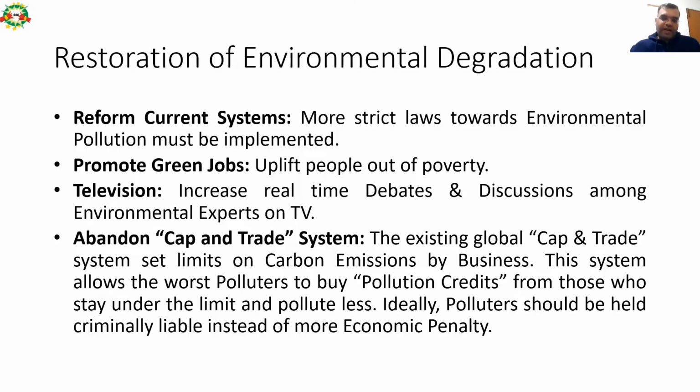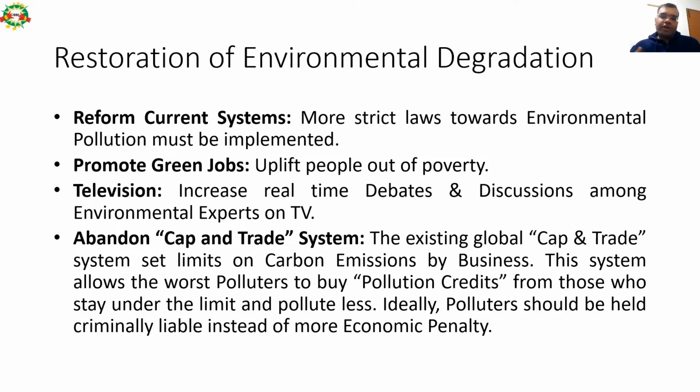So as per the cap and trade system, there are a few industries which are causing more pollution and a few industries which are causing less pollution. The companies which are causing more pollution can buy pollution credits or carbon emission credits from the companies which are causing less pollution. So this is the existing system.